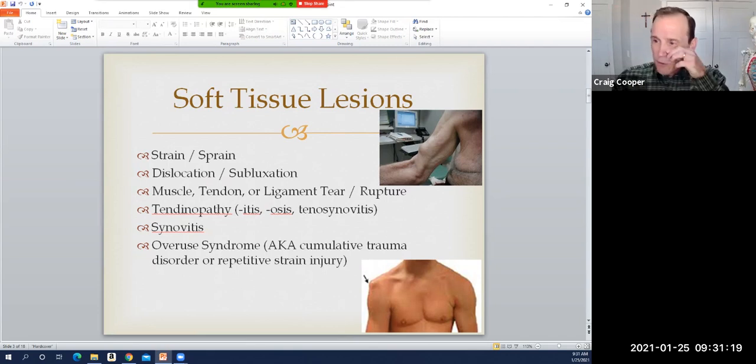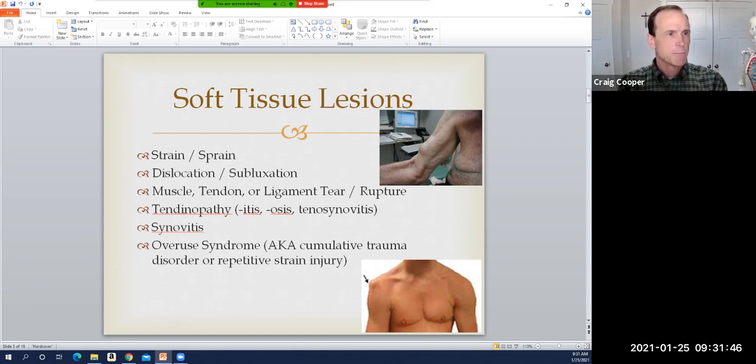So other soft tissue lesions, we've got tendinopathies, and that calls into play tendinitis, which is more of our acute inflamed tendon term, tendinosis, which is more of our chronically degenerated tendon, and then tenosynovitis. Some of our tendons, especially our finger flexor tendons, have a tendinous sheath, and the tendon slides within that sheath.